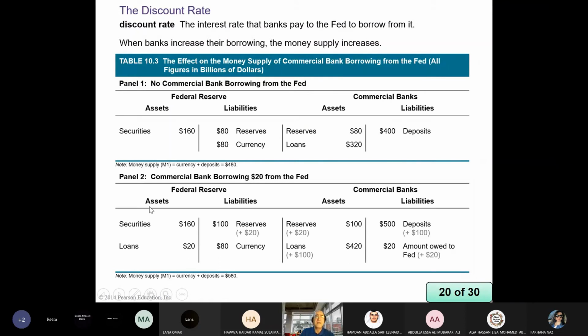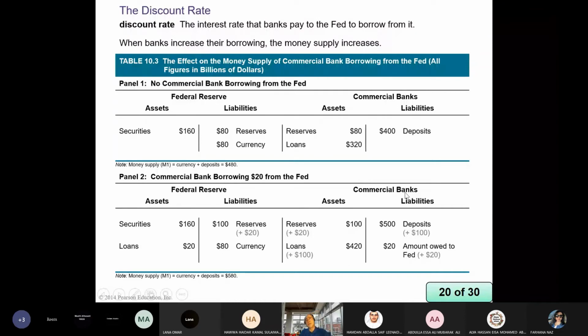It will write on the asset side loans of 20 dirhams given to commercial banks, and it will add 20 to the account of reserves, which is deposits by commercial banks. So this is the change in the balance sheet of the central bank.